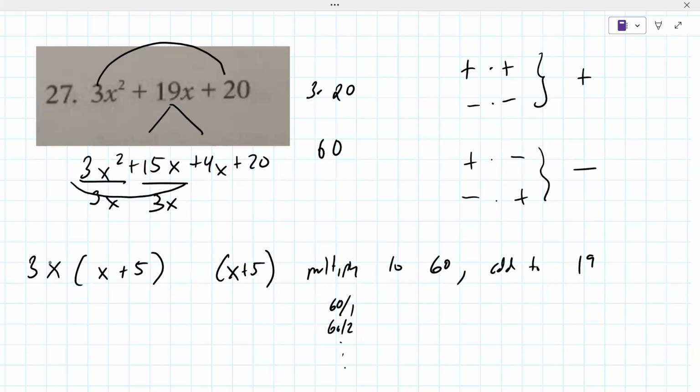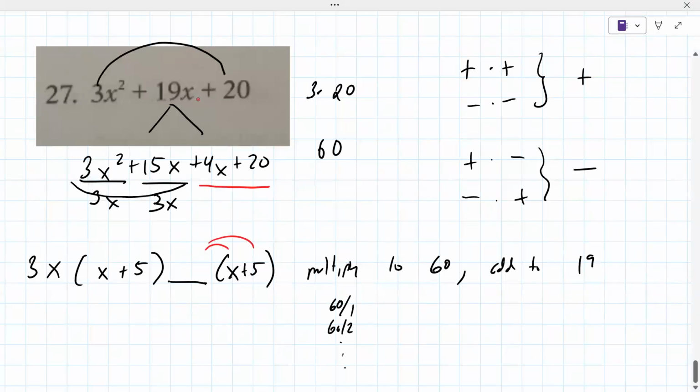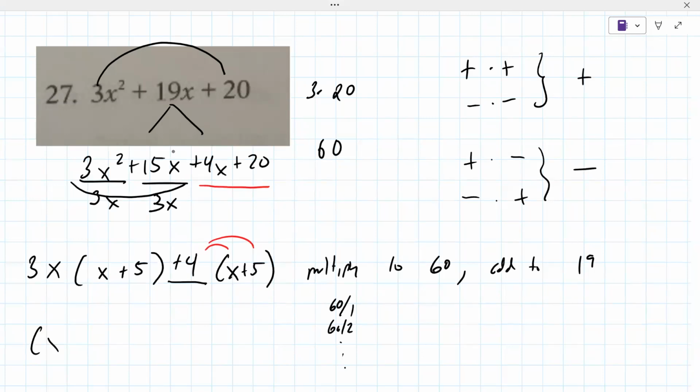And then you write it off to the side here as well. It kind of looks odd. You have to figure out what goes in the middle such that when you multiply in, you get back to the 4x plus 20. It's usually easier to look at the number. So what do you multiply 5 by to get back to 20? 4. So you're going to put a plus 4 there. And then you end up factoring again. It's x plus 5, and then you get 3x plus 4. That's your final answer.